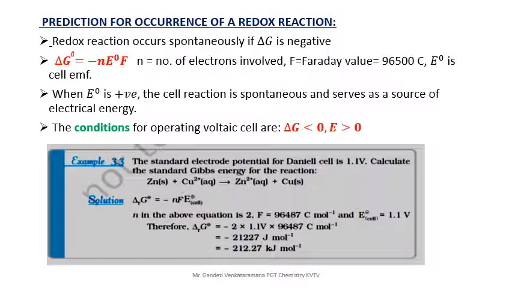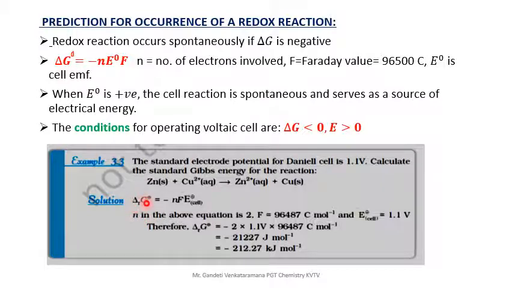Numerical. The standard electrode potential for the Daniell cell is 1.1 V. Calculate the standard Gibbs energy for the reaction. This is the reaction given. Solution: first, the standard electrode potential is given, that means E naught value is 1.1 volt. Calculate standard Gibbs energy, so delta G naught, or delta rG, whatever it may be.